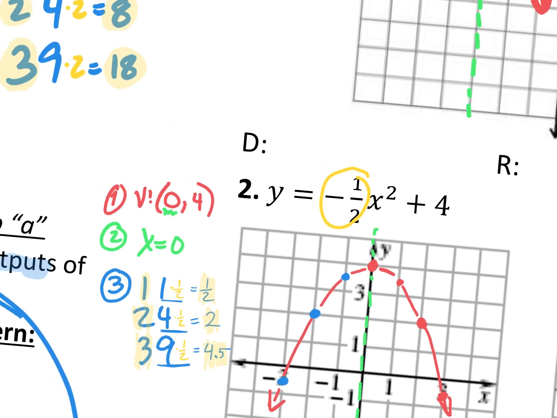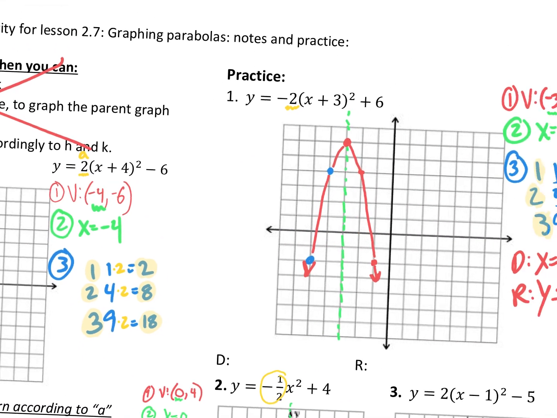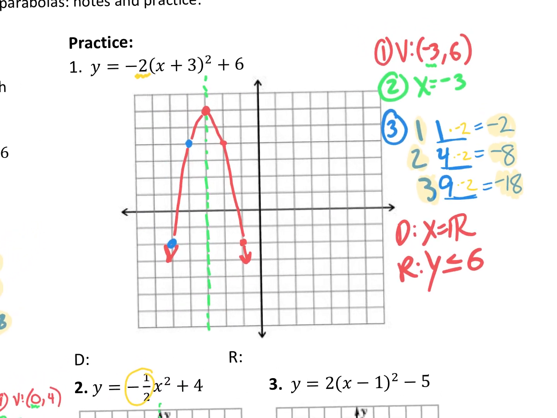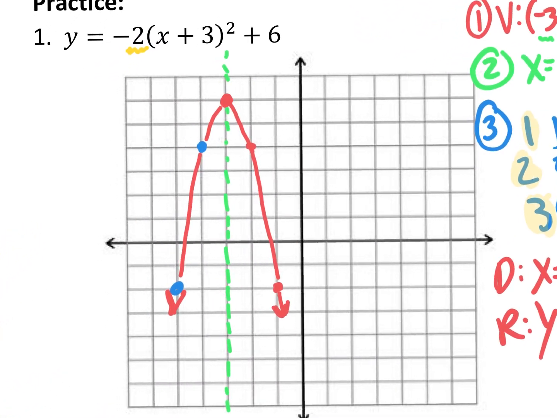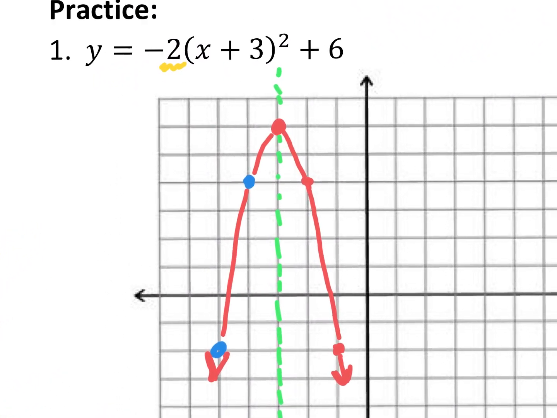Now, I do want to also give you a little taste of another piece of tomorrow's lesson. Let's go back up to this one. On tomorrow's section, there's going to be a part that asks, what are the transformations from the original parent graph to this new graph? Now remember, the original parent graph, I want to do it with the highlighter.